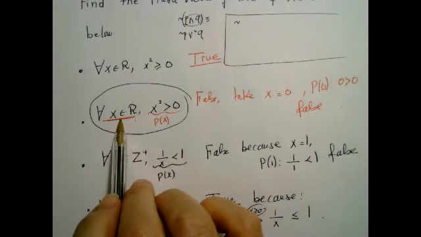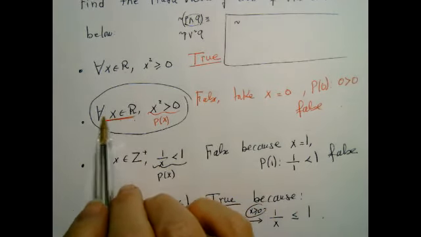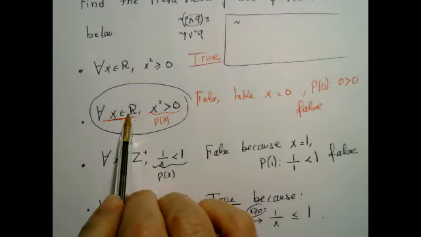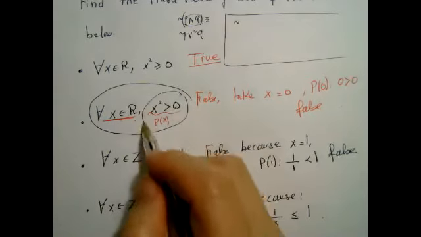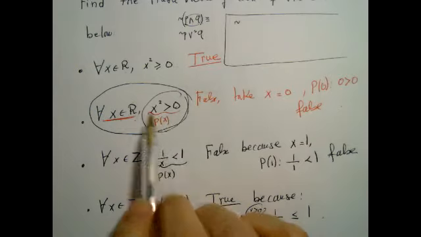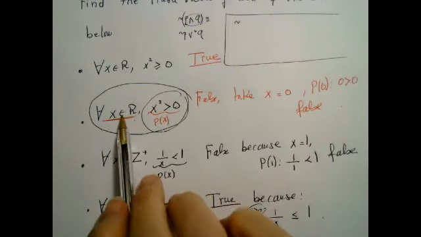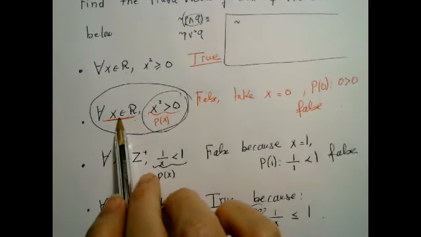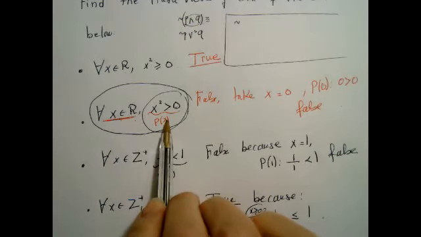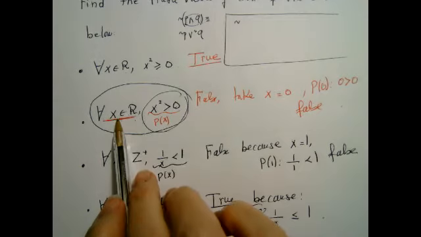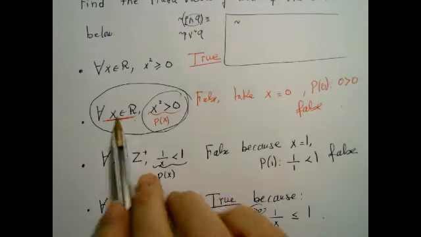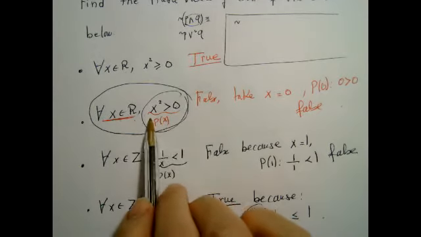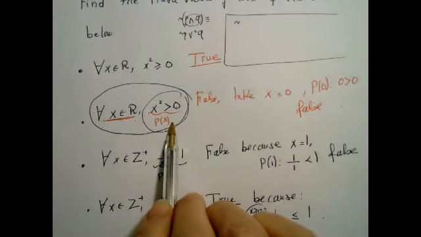What causes it to be false is that there exists something in the domain that makes this statement false. So what caused the statement to be false is the existence of an element in the domain that makes P of x false. It means the existence of something in the domain that makes the negation of P of x true.